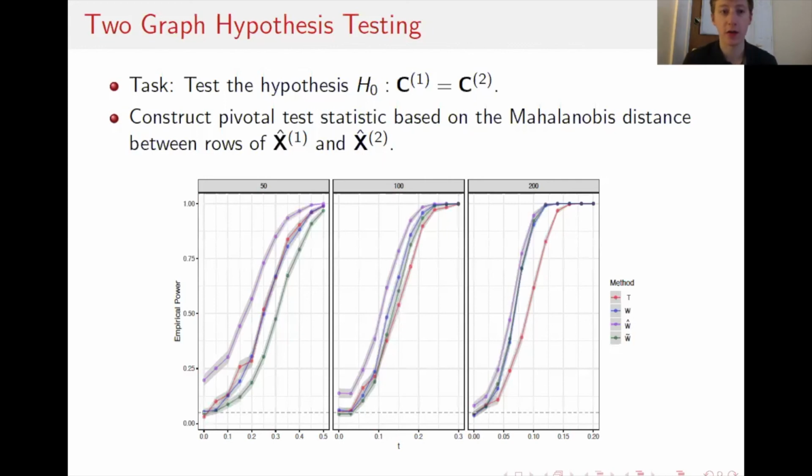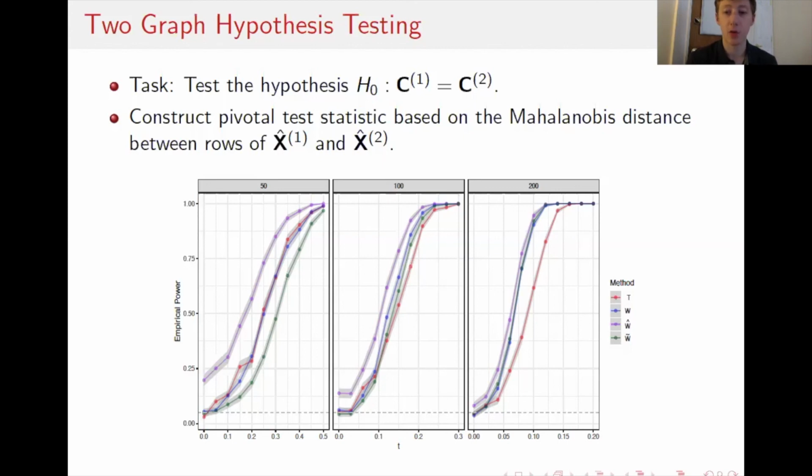Here on the vertical axis is the empirical power, and on the horizontal axis are different values of t. Remember again, t at 0 is when we are in the null, so C1 is equal to C2, and as t goes away from 0, we are in the alternative, C1 does not equal C2. The red line corresponds to a test statistic used in the original omnibus paper that's based on the Euclidean distance between x1 hat and x2 hat.